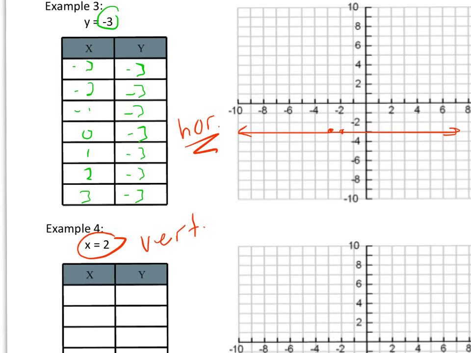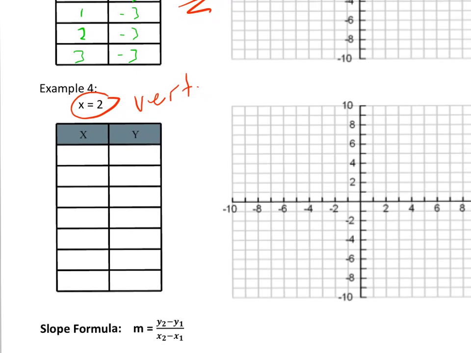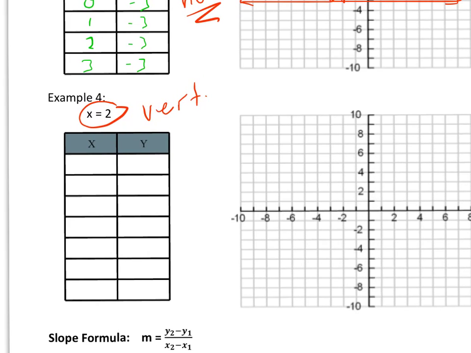And in this case, the horizontal line always had a y value of -3. In this case, down here, our line will always have an x value of 2, no matter what. An x value of 2 means it'll always be here.